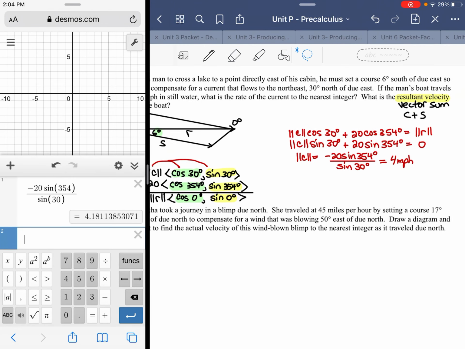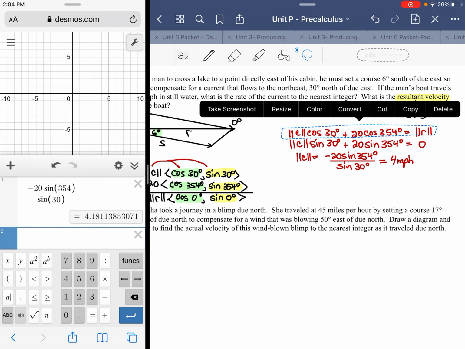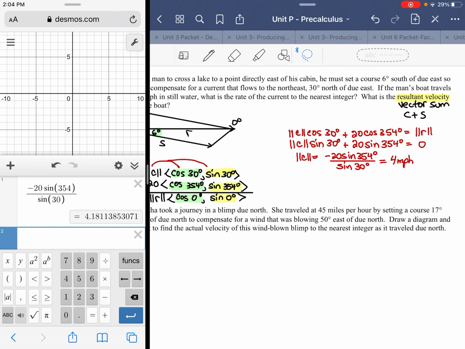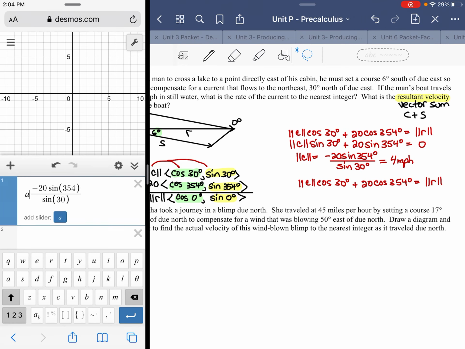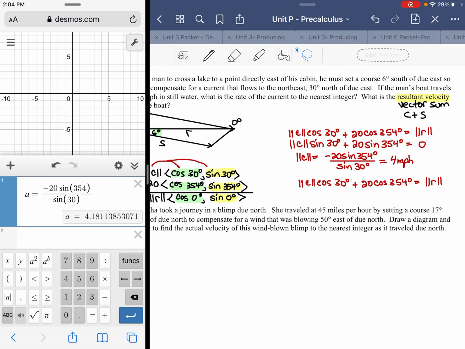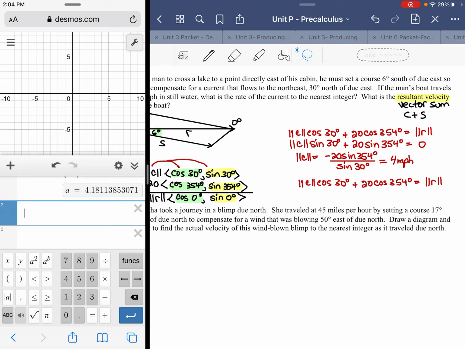I'm just going to clean this, make it look a little nicer. I like my notes clean. Then I'm going to take this equation and solve it for r, well, it's already solved for r. Let's get a little fancy here.